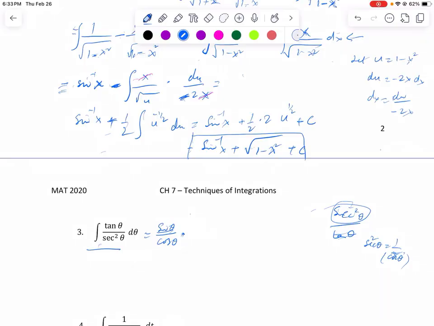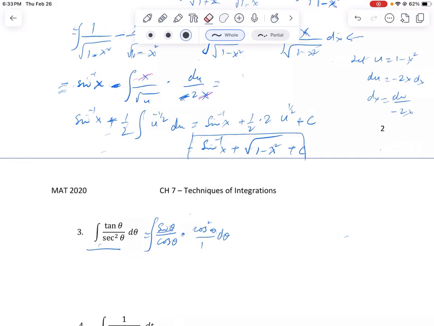We take the reciprocal. So we get cosine squared theta over 1 d theta. So one cosine theta cancels with the cosine theta up here, so I take off the square, and one cosine theta is left. We clean up, and it now looks like integral of sine theta times cosine theta d theta.